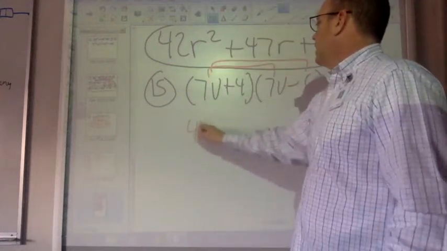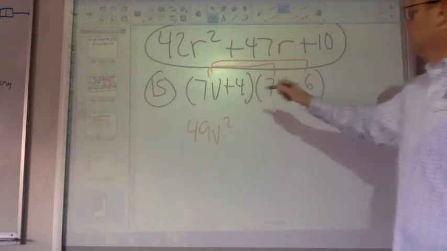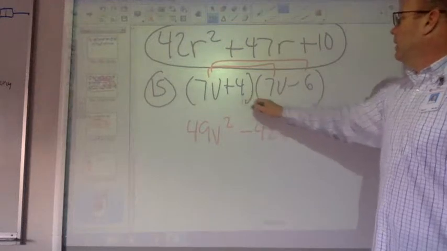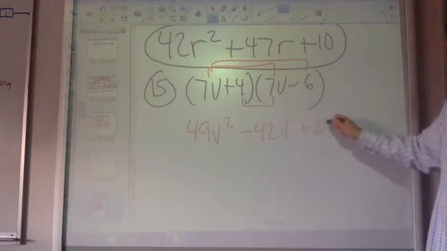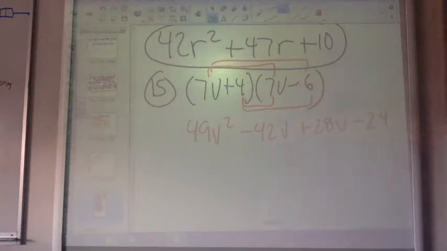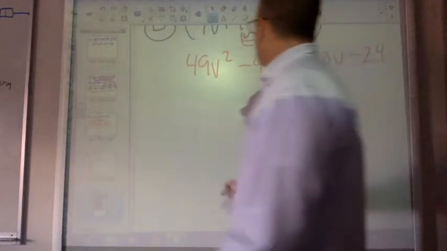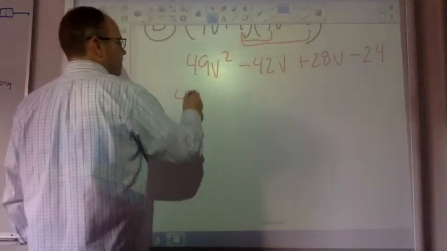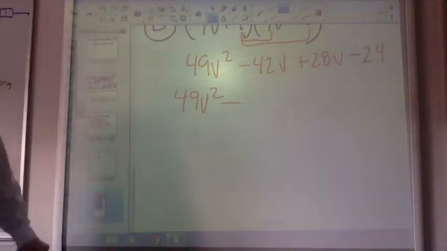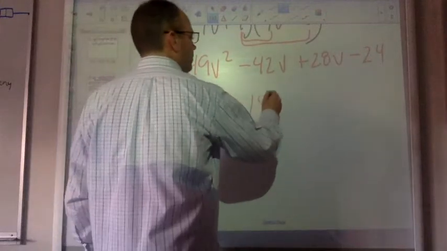That gives me 49v squared minus 42v, and then 28v minus 24. Do I have like terms on this one? Yeah, negative 42v and 28v. I need to combine those together, correct? Let's see. Is that negative 14v? Is that right?